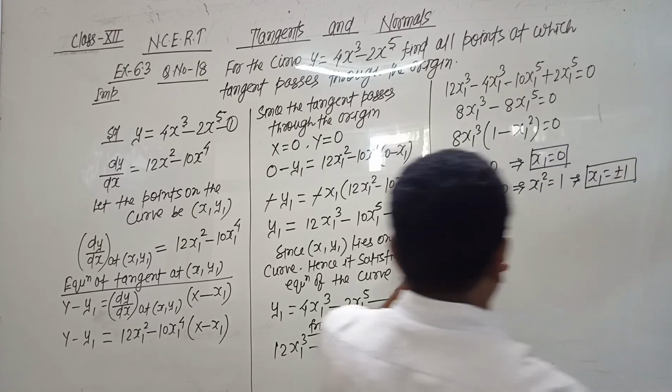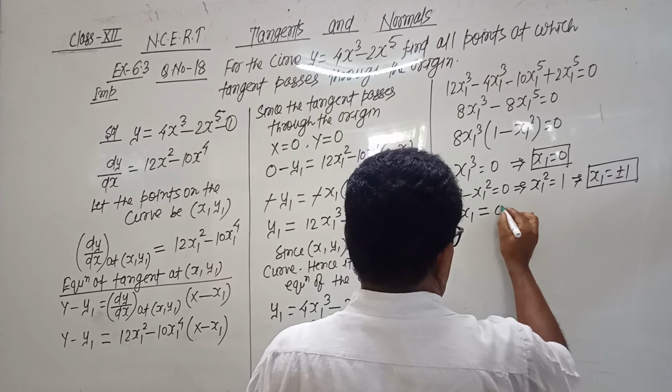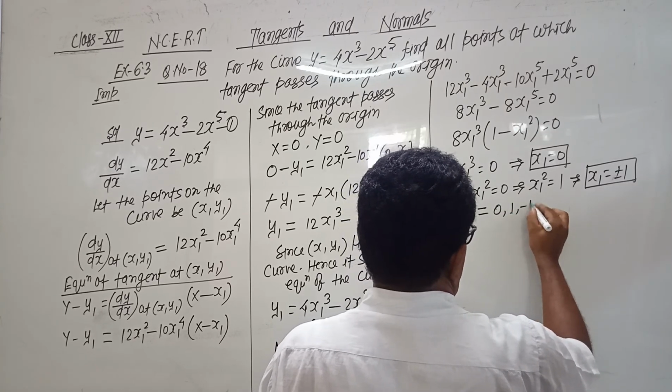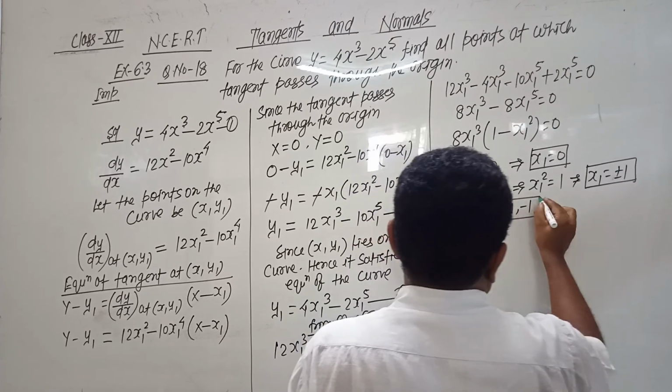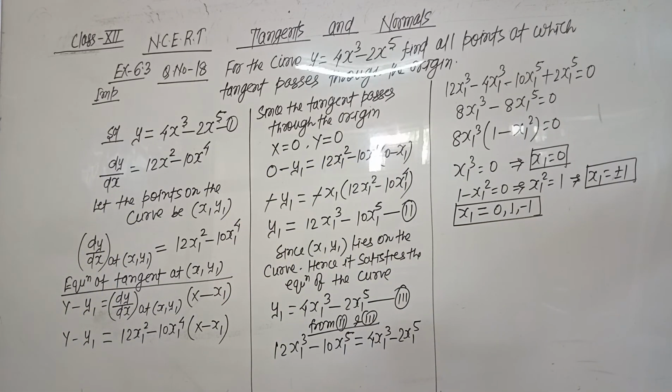So we get the three values of x1: 0, 1 and minus 1.